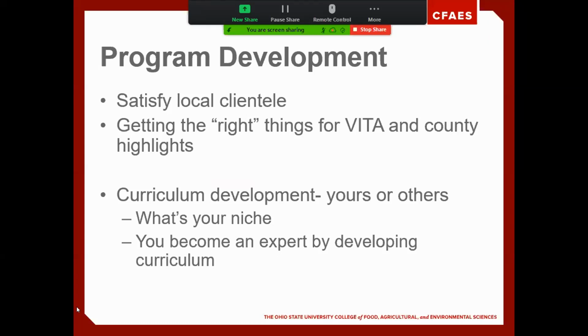When we talk about our program development, Treva was talking about our goals and some of the things that we need to put on our Vita. Whether we're FCS, CD, Ag, or 4-H, that becomes part of what our program looks like within our county or the clientele that we're serving.